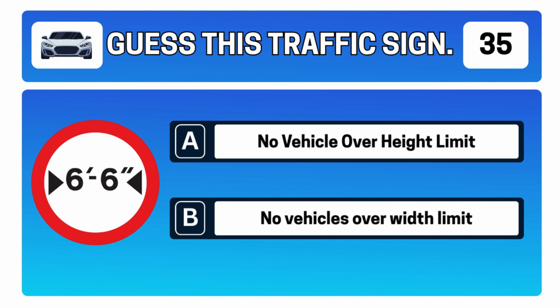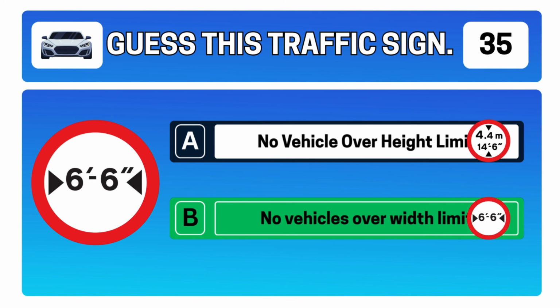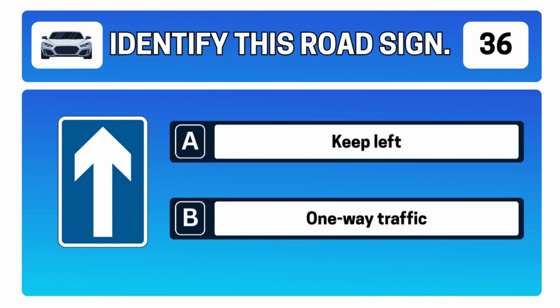Guess this traffic sign. A. No vehicle over height limit. B. No vehicles over width limit. Good observation. It is the no vehicles over width limit sign. Identify this road sign. A. Keep left. B. One-way traffic.